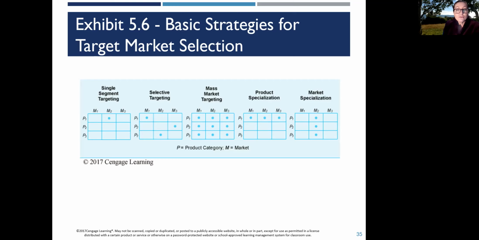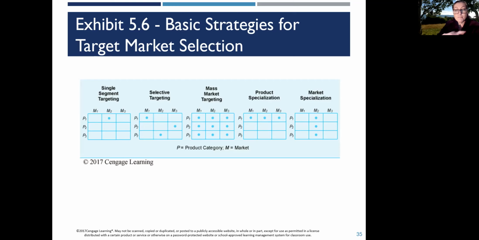Another strategy in terms of target market selection is selective targeting, where you have multiple segments that you are going to target, but you're actually quite selective in which segments you're going to target, because you're going to have a product as well as a marketing program that's specifically designed to meet the needs of that specific segment, right?